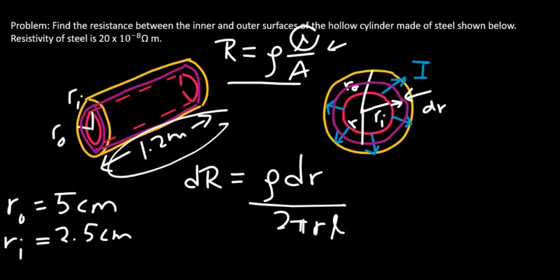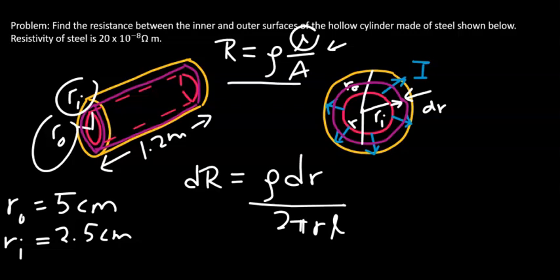L is 1.2 meters. And since the current has to pass successively through all such shells between the inner and outer radius, the total resistance is the sum of the resistances of these shells.